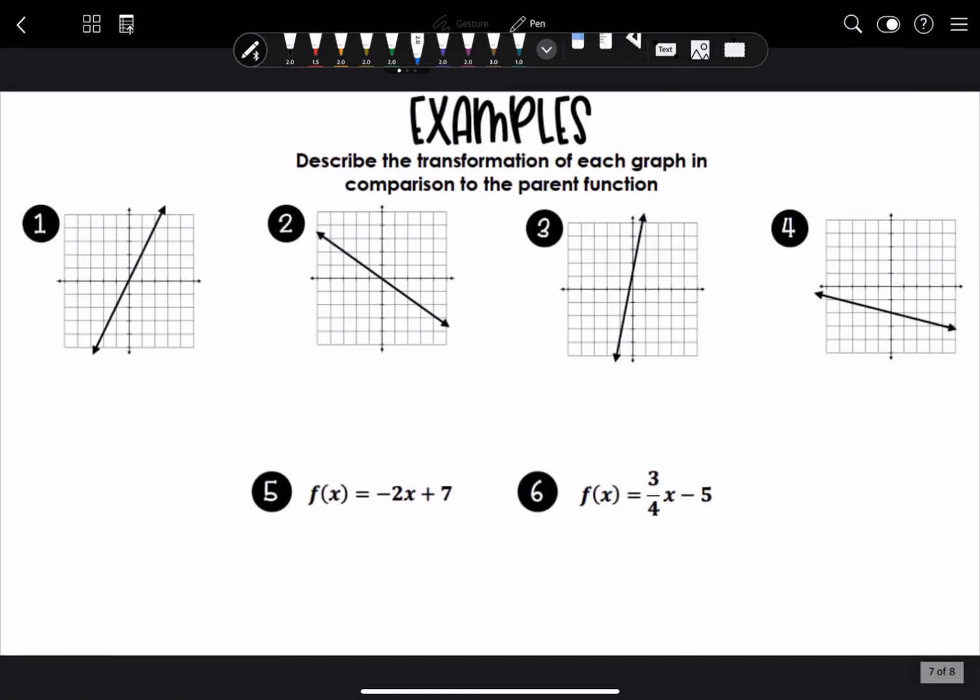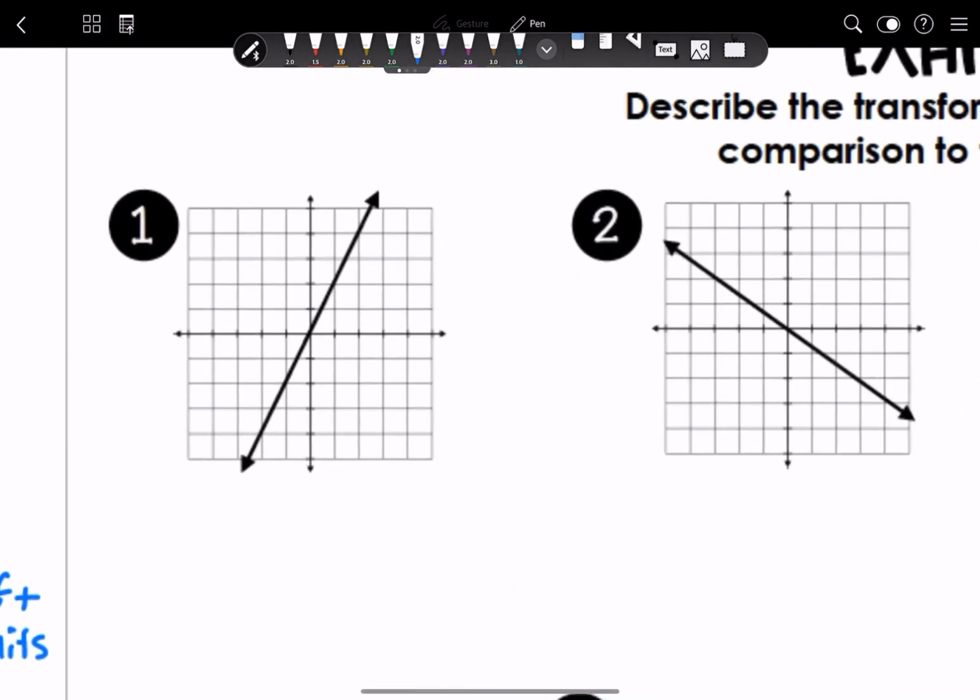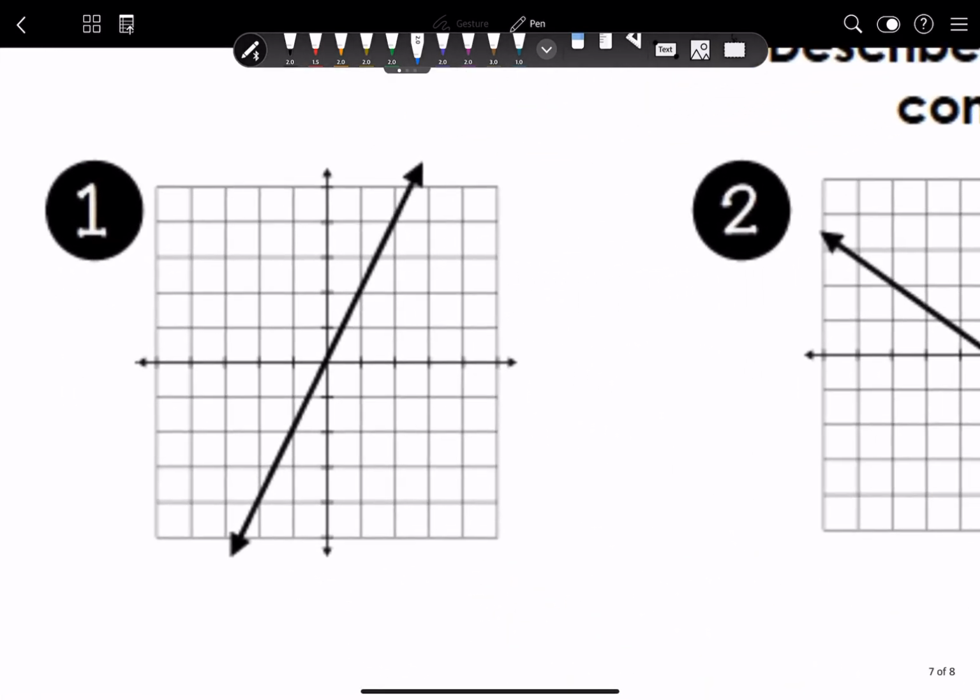All right, so let's look at some of these examples. We are going to describe the transformations of each graph in comparison to the parent function. What I recommend when you're given a graph is that you write the equation in slope-intercept form. So y equals blank x plus blank.